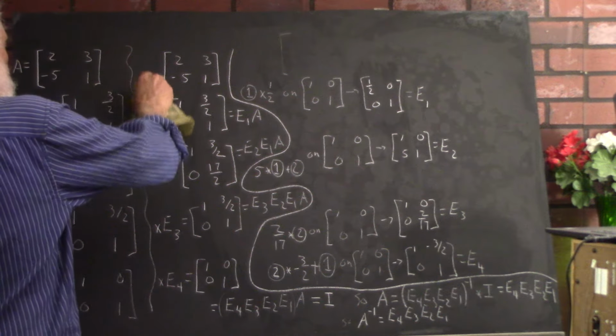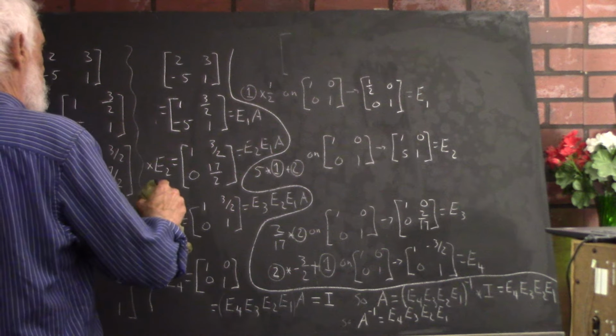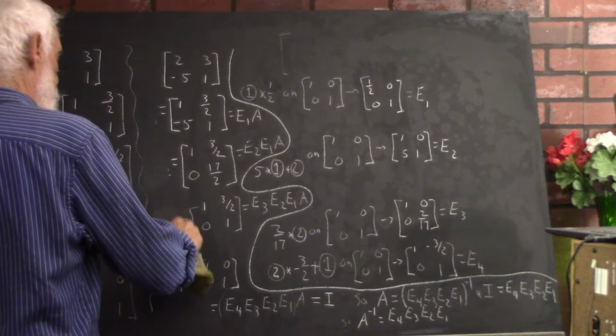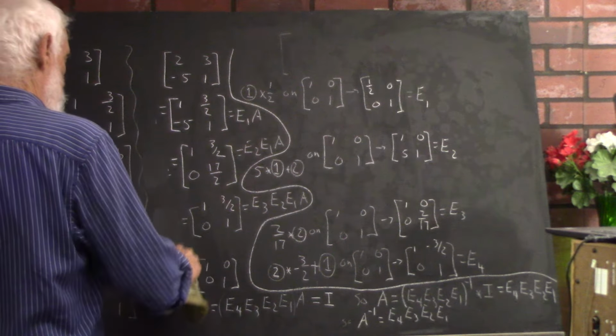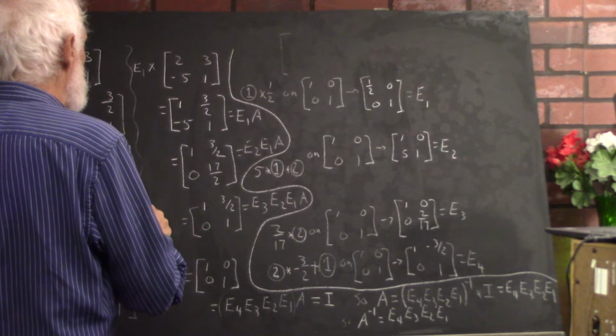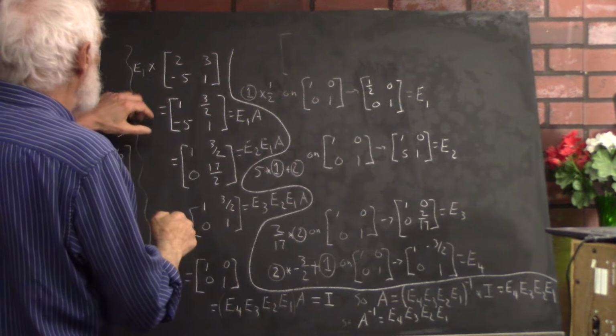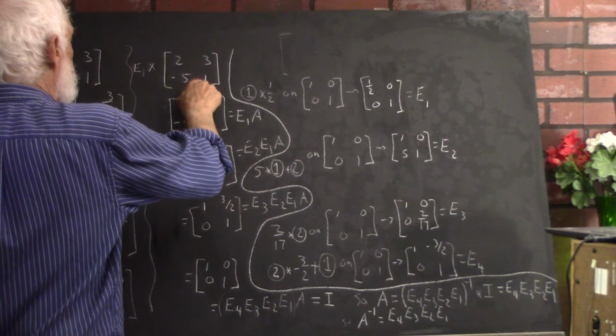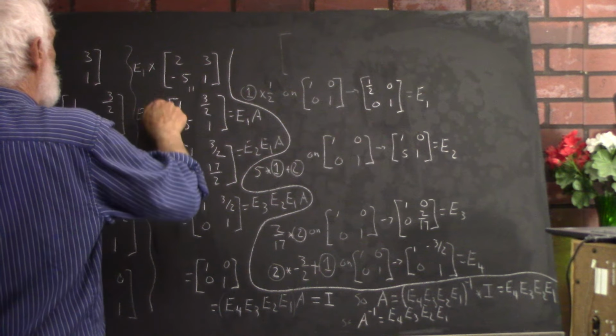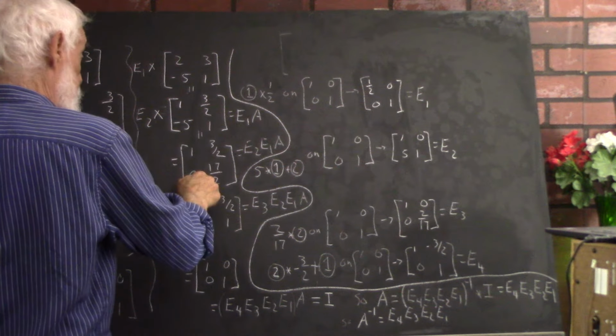Matrix multiplication isn't commutative, so I've got these all written wrong, although we did it right, so let's write it correctly. E1 multiplied by this matrix equals this. So that equals this. And then E2 times this equals this.